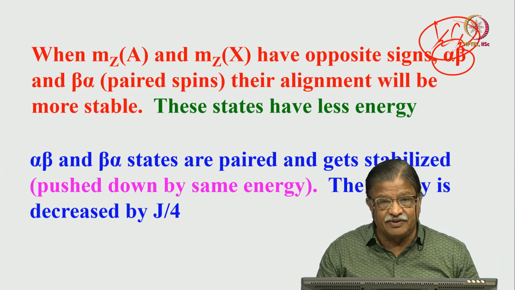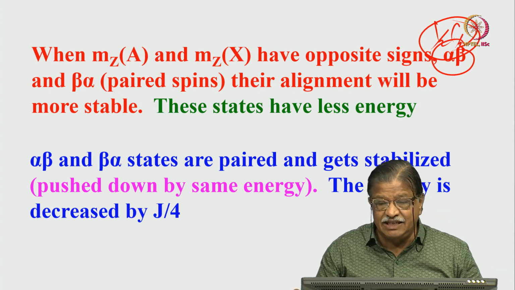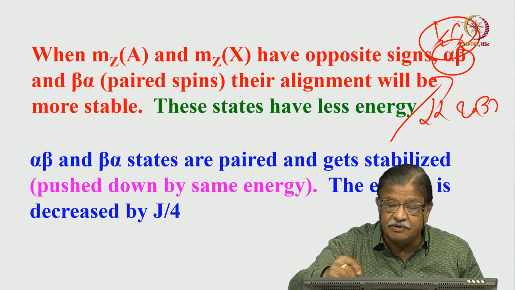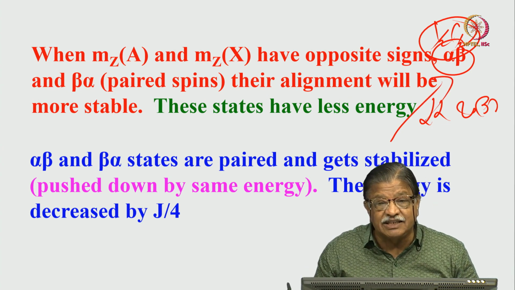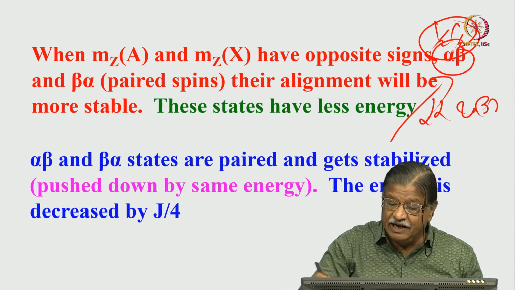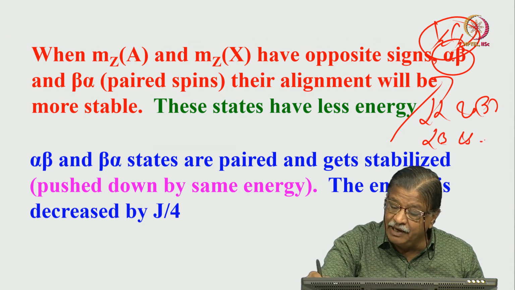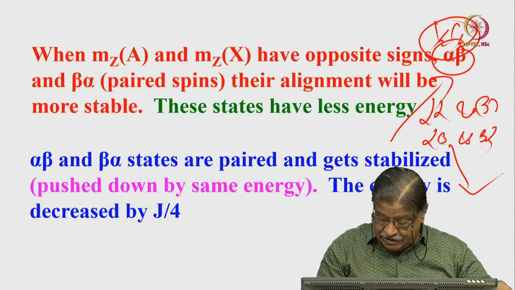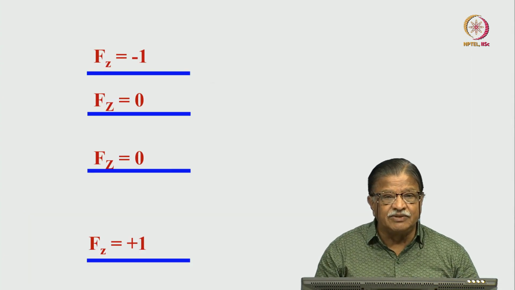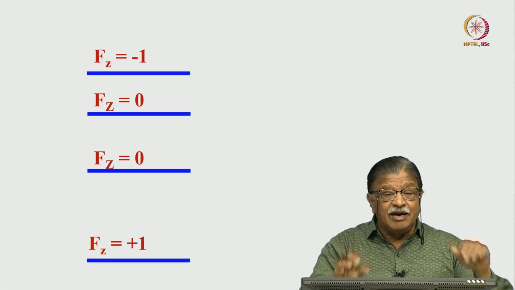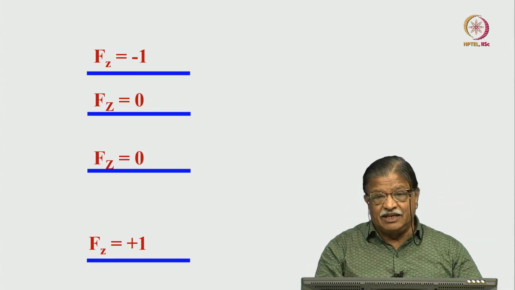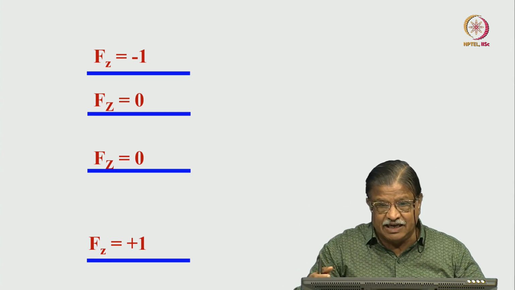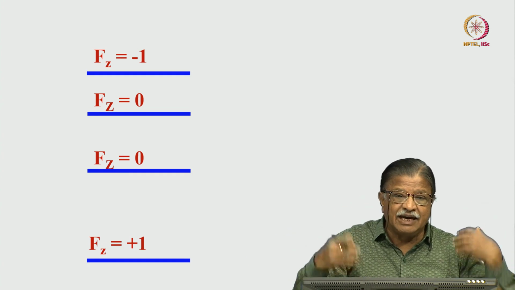You understand the difference? If you consider the energy states, alpha alpha and beta beta are pushed up because they are unpaired states, unpaired spins, whereas alpha beta and beta alpha energy states are decreased by J by 4. So, this is what happens. In the earlier case, both the energy states were identical, there was no pushing up, no stabilization and destabilization, because the coupling was 0.